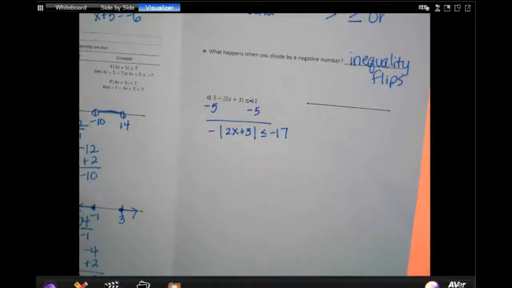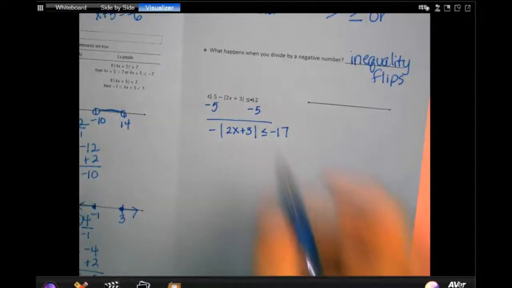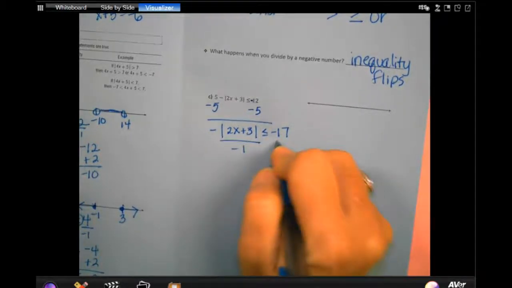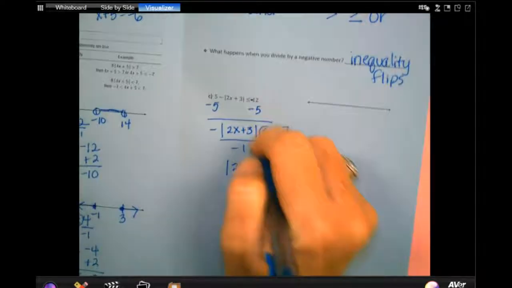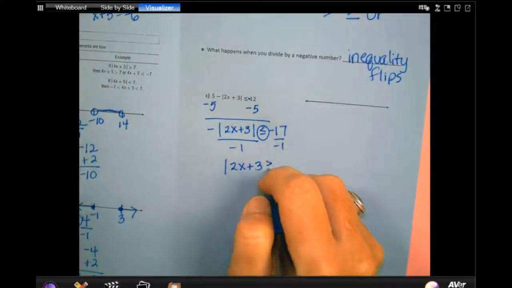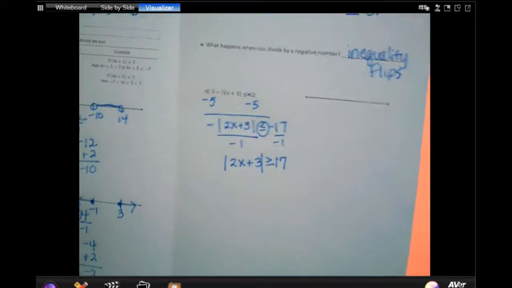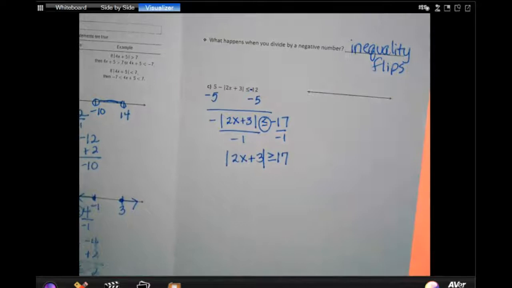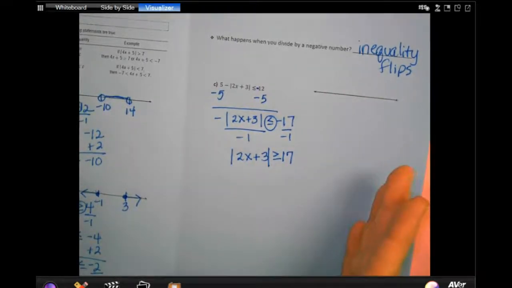And then what do I do? I have to divide by -1 because the absolute value is not isolated yet. So then I have to flip the sign. So I need a positive and a negative answer.